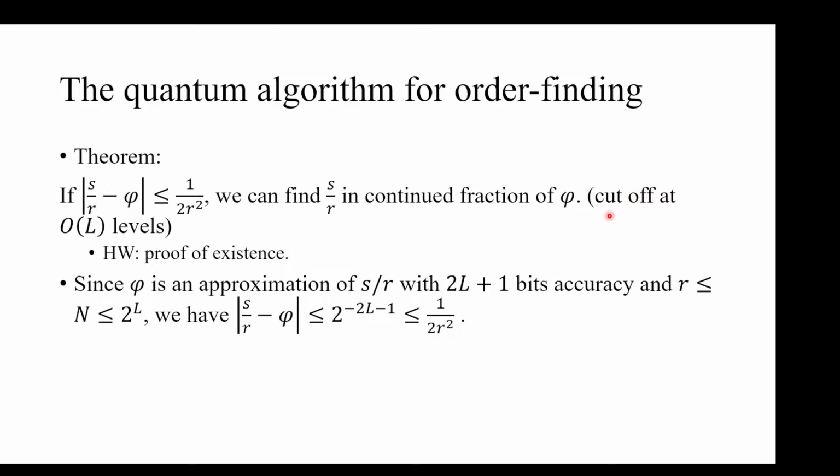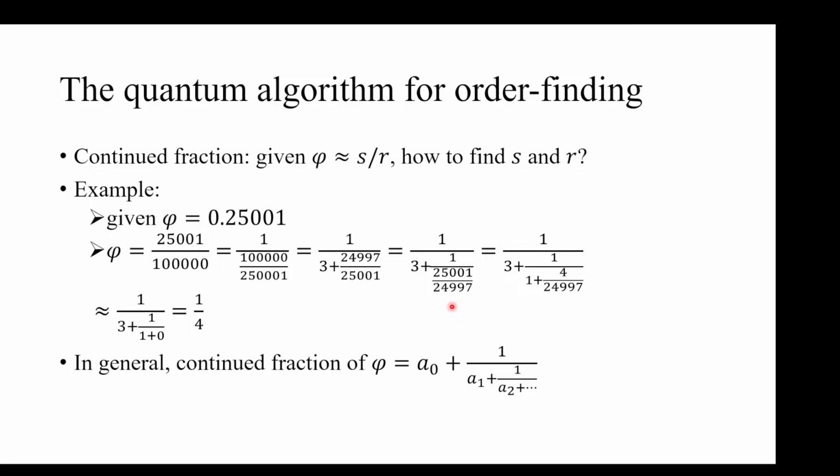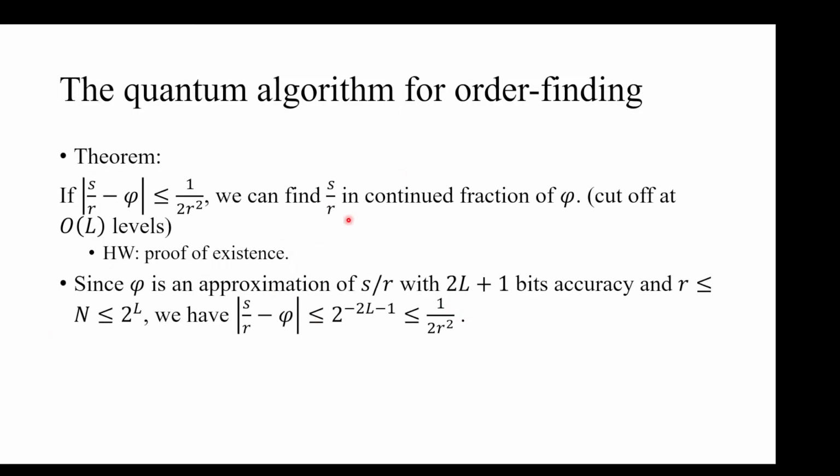Okay, and so if we cut off the continued fraction at the order L level, meaning that you only need to do order L operations here, then we can find S over R. The accuracy we need is that the error on phi be less than 1 over 2R squared, and we have set up our accuracy enough to have error less than this, because we have 2L plus 1 bits of accuracy, and that translates to the error being less than 2 to the minus (2L plus 1).